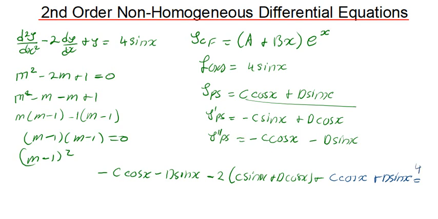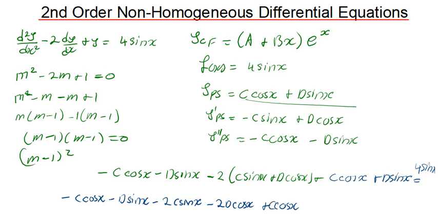So now we have minus c cos x minus d sine x minus 2c sine x minus 2d cos x plus c cos x plus d sine x is equal to 4 sine x.